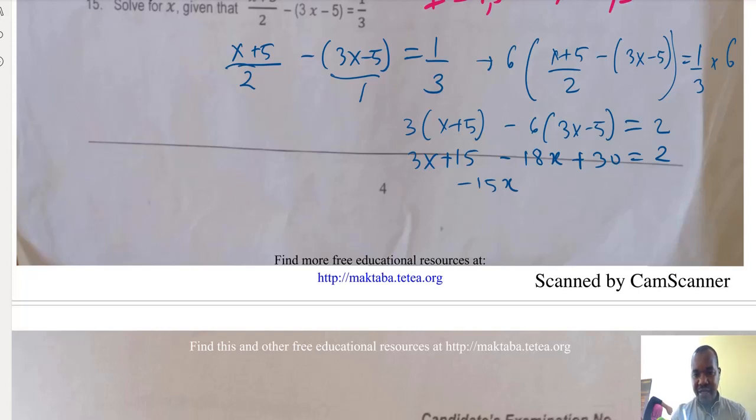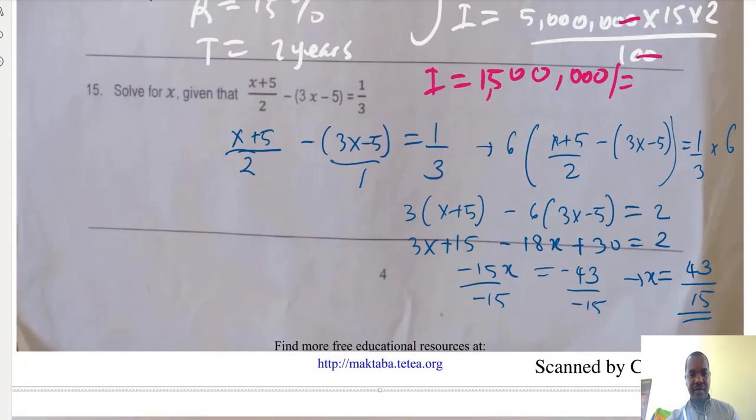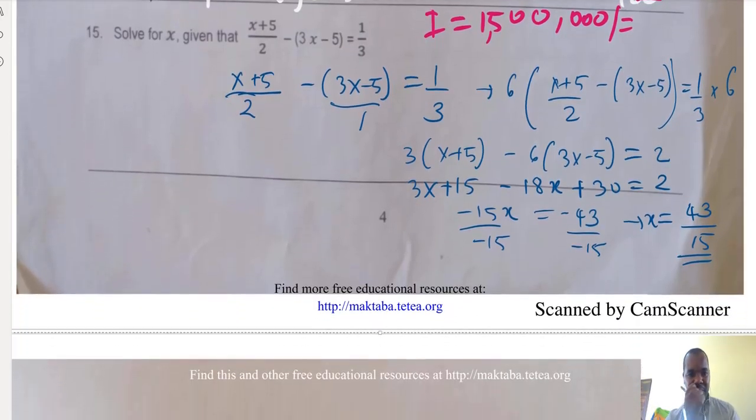Then you have 15 plus 30, you get 45. Then you subtract 45 from 2, there you're going to get negative 43. Of course, divide by negative 15, the value of x is 43 over 15. That is all, dear students.